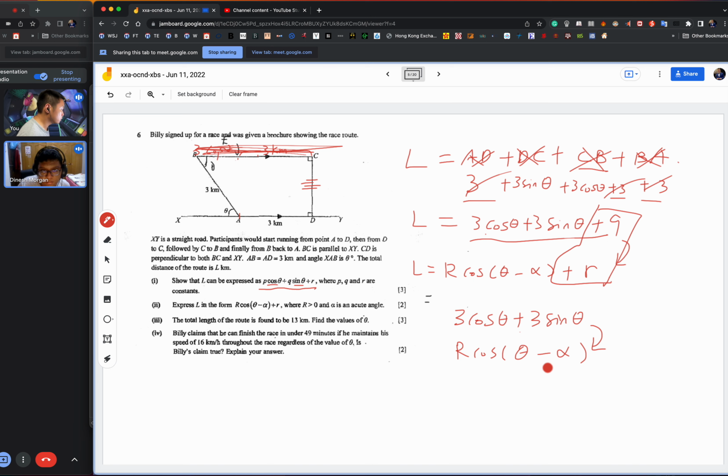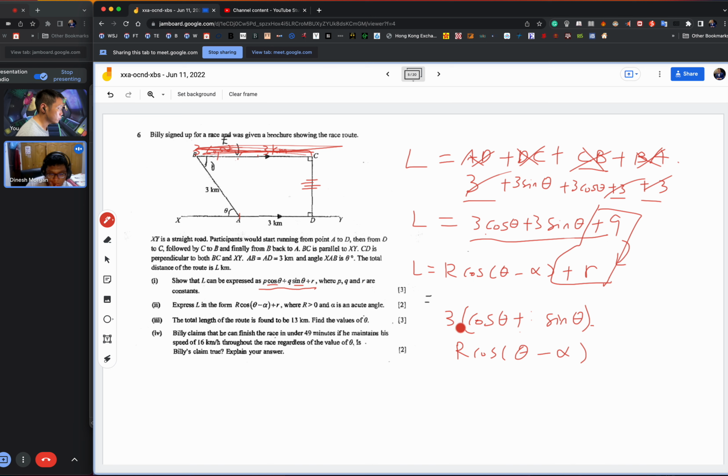Let me make it even simpler for you. You can take out the common factor 3, right? Once you get it into this format, I think you can see it pretty clearly.